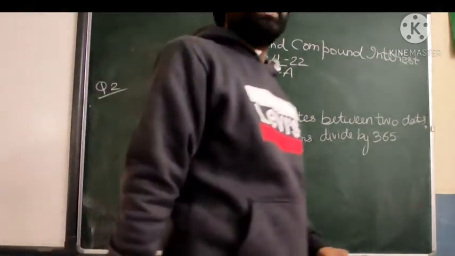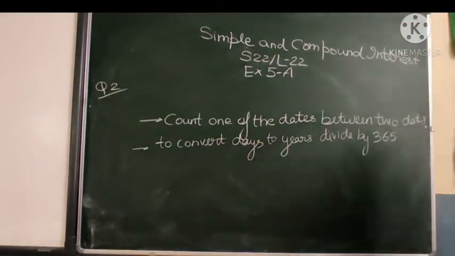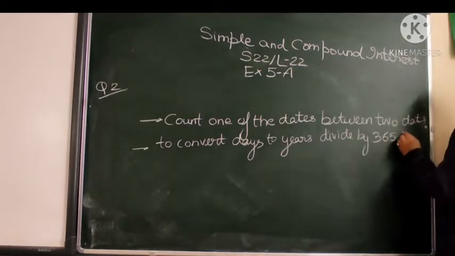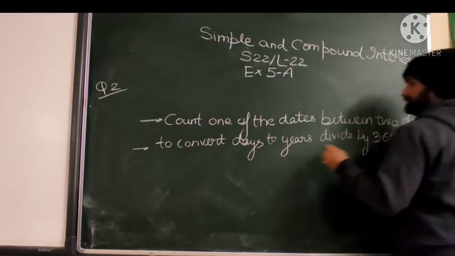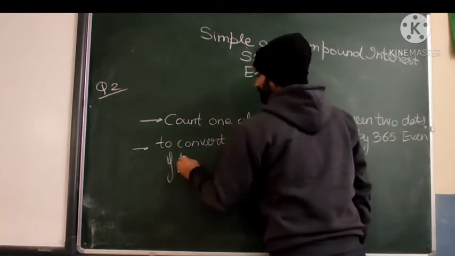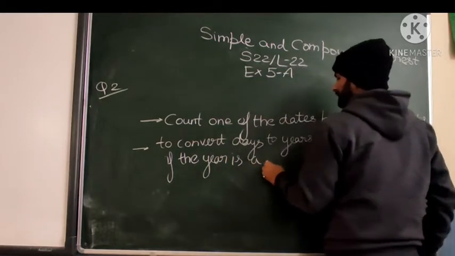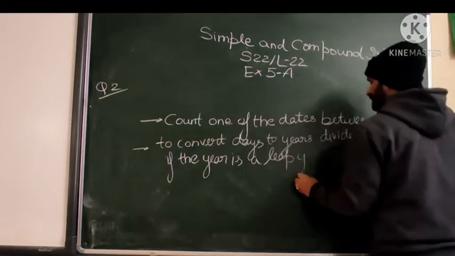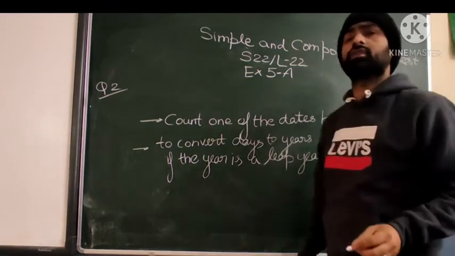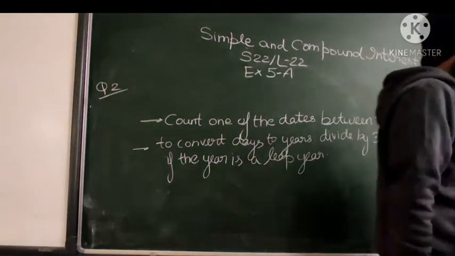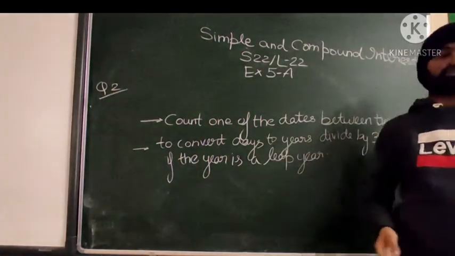Why do I say so? Because even if the year is a leap year, this has to be done with 365. This is mentioned specifically in our book. We need to follow this because the answers calculated in the book will be based on these two assumptions.